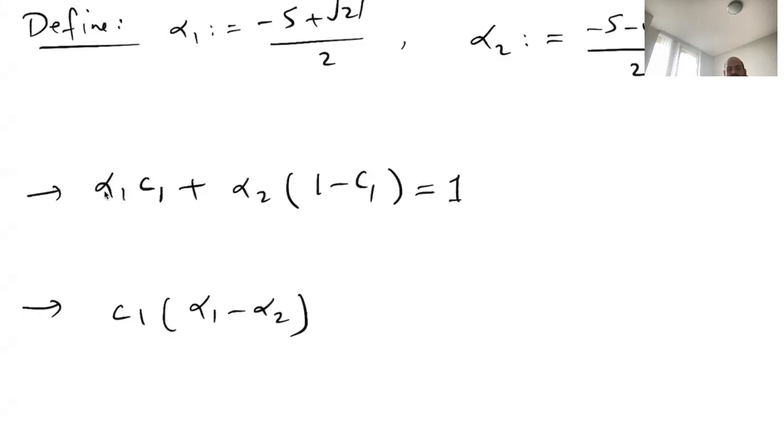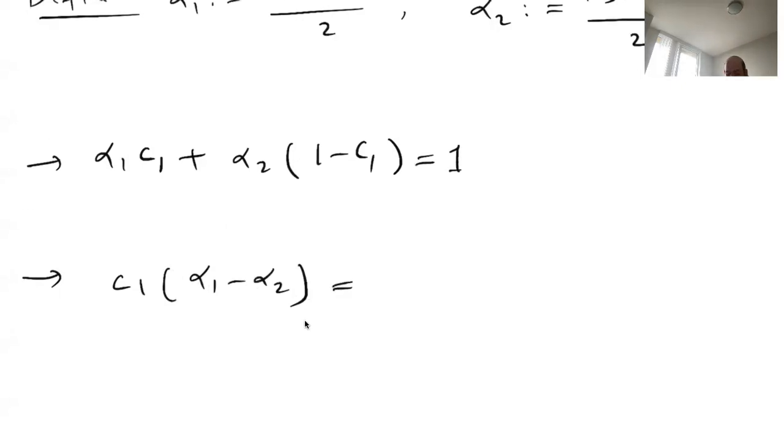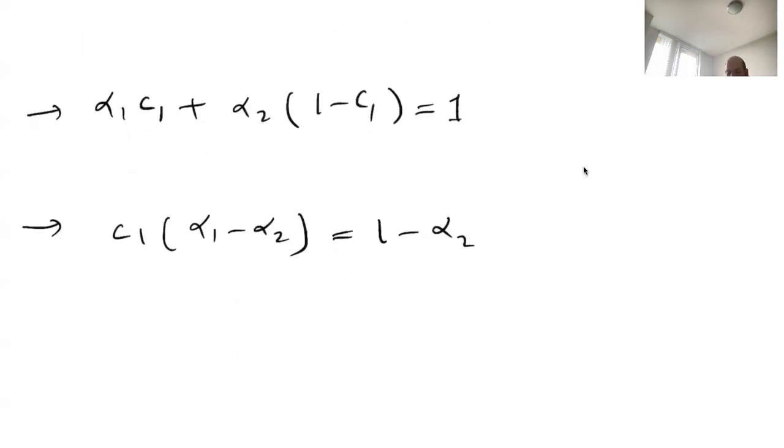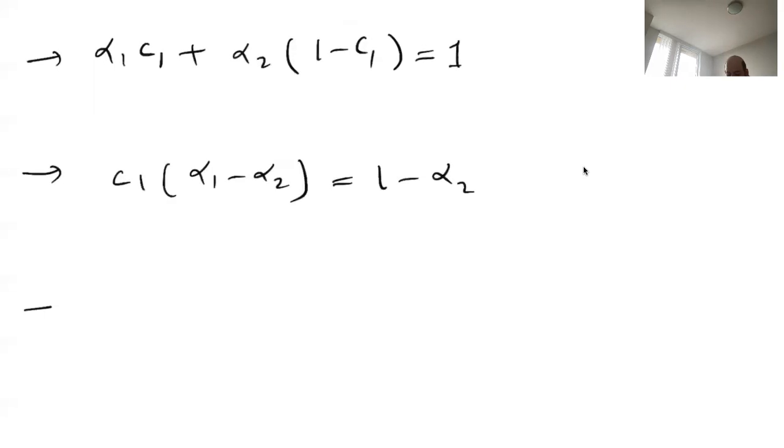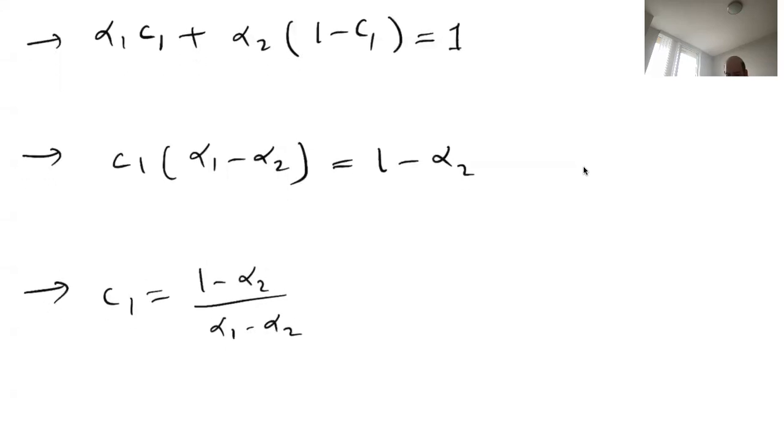I can take c1 out, and then inside the bracket I'll have alpha 1 minus alpha 2 equals 1 minus alpha 2, because alpha 2 times 1 is alpha 2, and taking it to the other side becomes minus alpha 2. And then c1 will be equal to 1 minus alpha 2 divided by alpha 1 minus alpha 2. This is the value of c1.